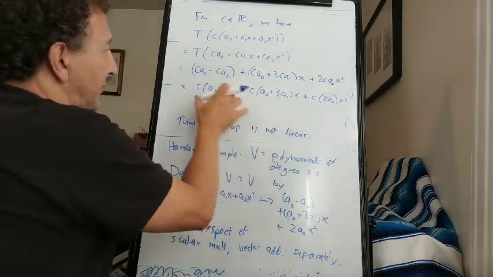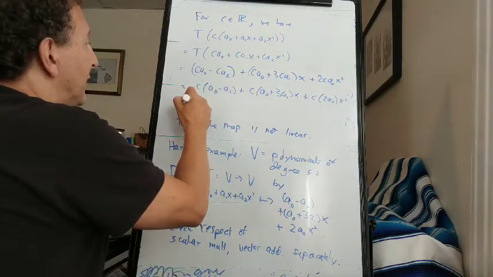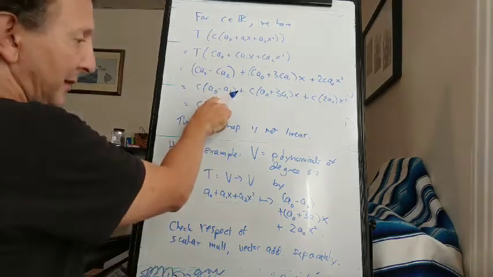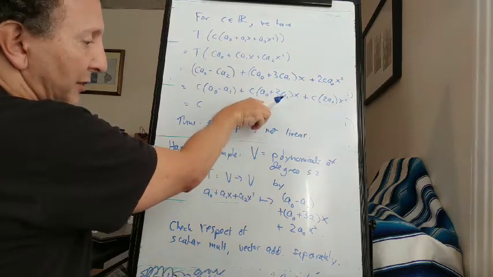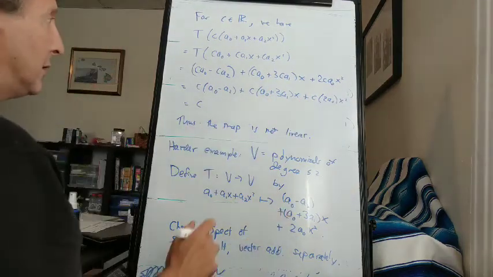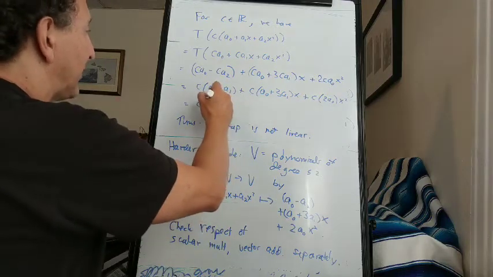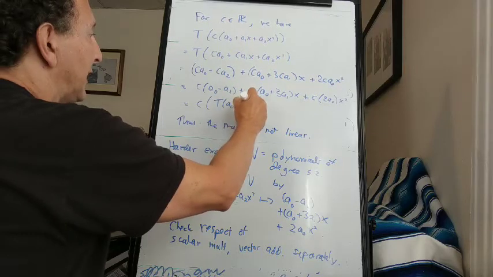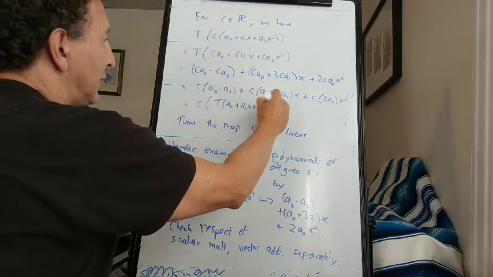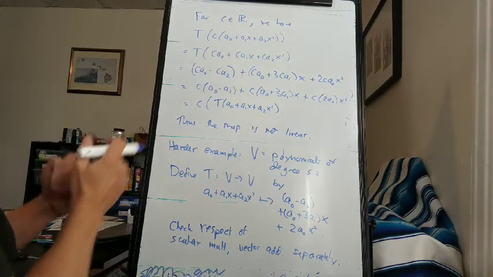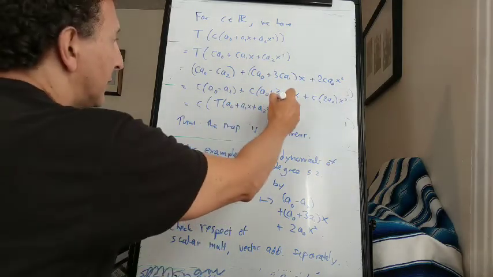And now I can factor c out really from everywhere and put it in the front. And when I do that, I've got a naught minus a2, a naught plus 3a1, and 2a naught as my coefficients. So after I factor out c, what I've really got is T of a naught plus a1x plus a2x squared. So at least this respects scalar multiplication.